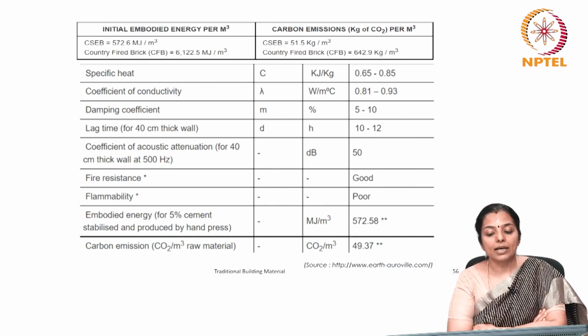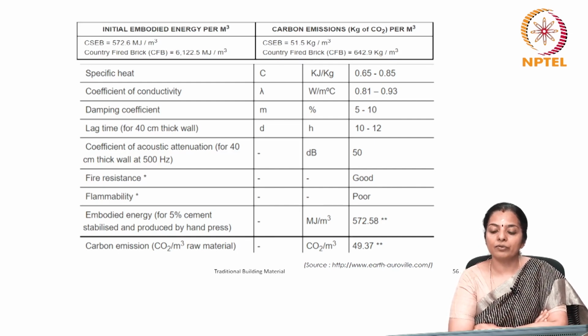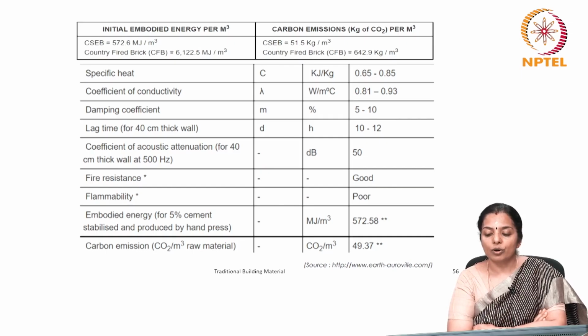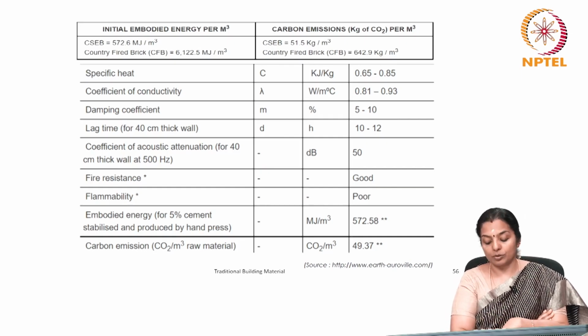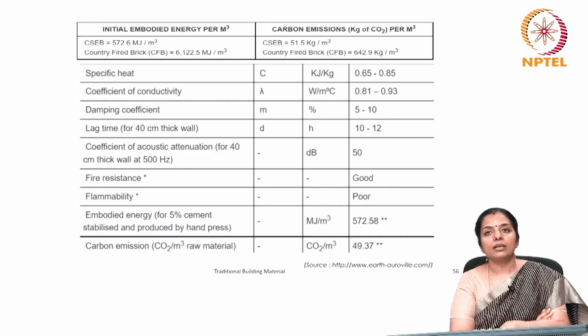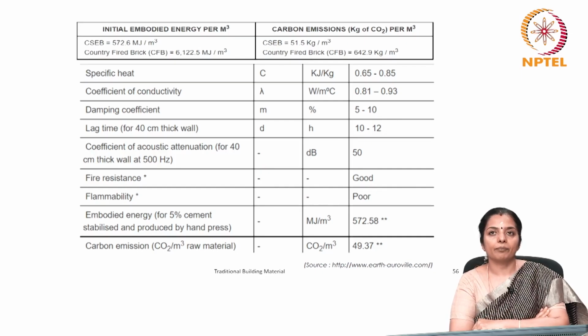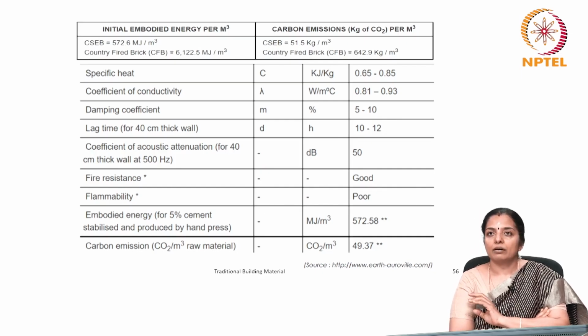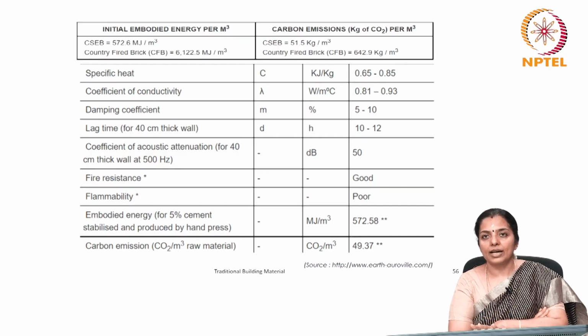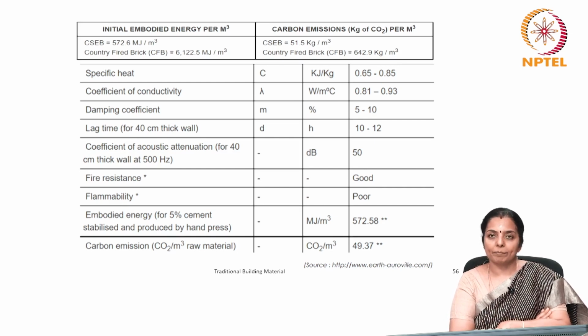The carbon dioxide emission of CSCB block is 51 kg per cubic meter, and for a country fired brick it is 642 kg per cubic meter, making CSCB a fantastic opportunity. So, proper soil identification is required and then you need to know how to organize your resources. You should have a good product developed by following good quality building materials that will go in.